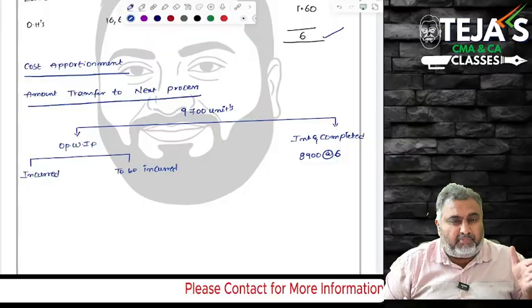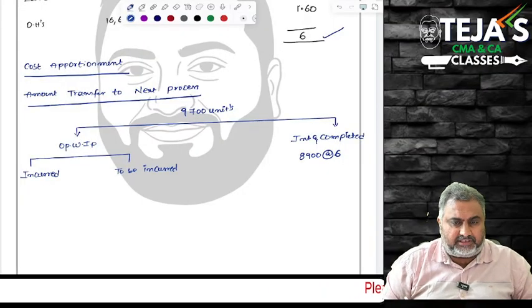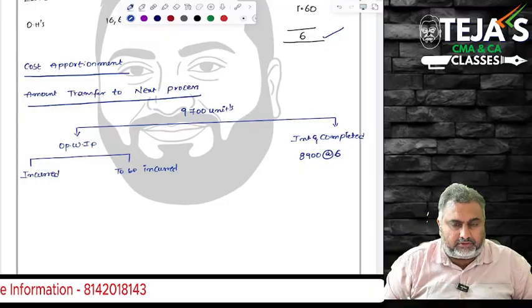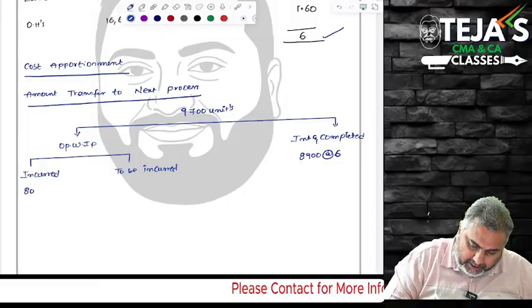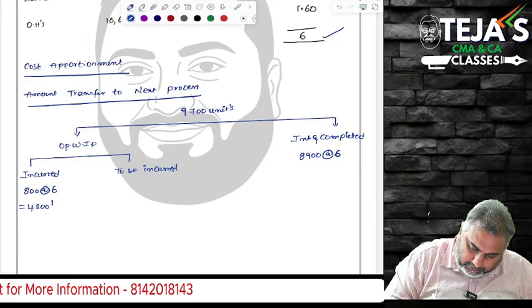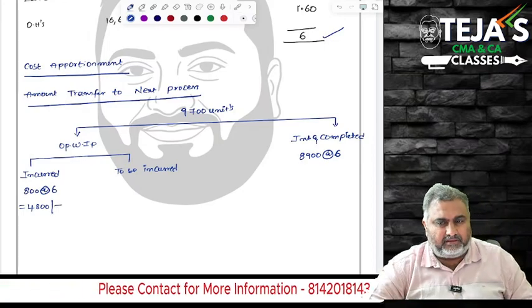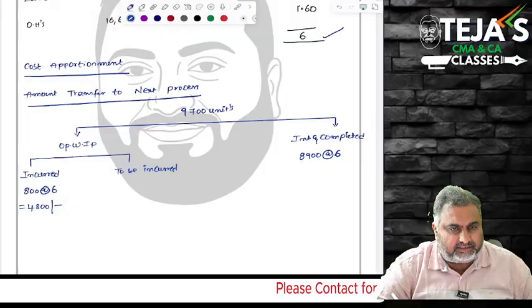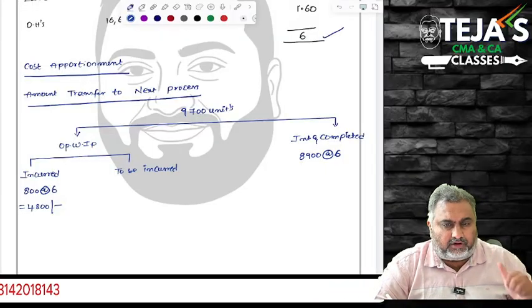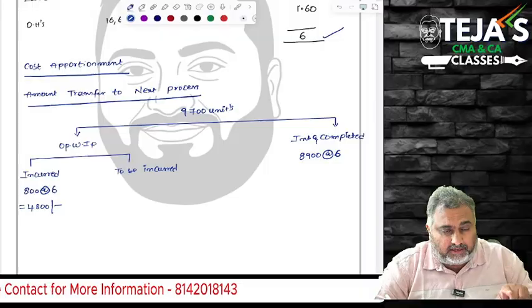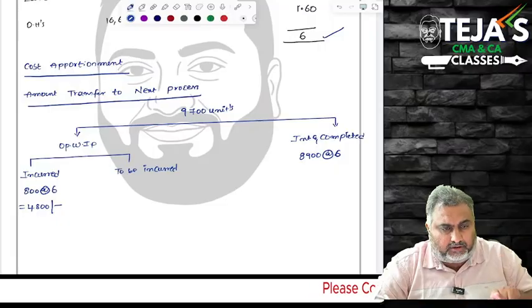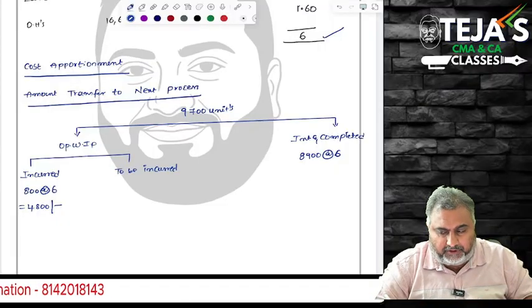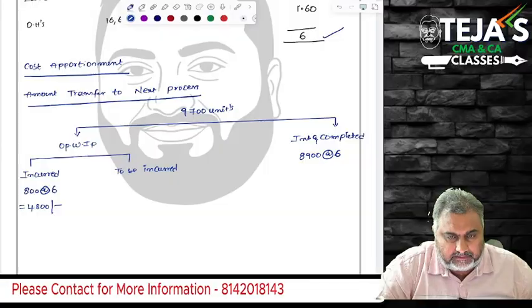Incurred means material 1 100%, material 2 60%, labor and overhead 40% completion. 800 at the rate of 6 rupees, that is equal to 4,800 rupees, given at the starting of the question. 800 units at the rate of 6 rupees, 4,800 given. What is that cost? Material 1 100% finishing, material 2 60% finishing, labor and overhead 40% finishing, we incurred 4,800 rupees.